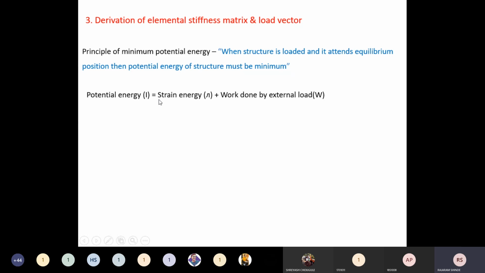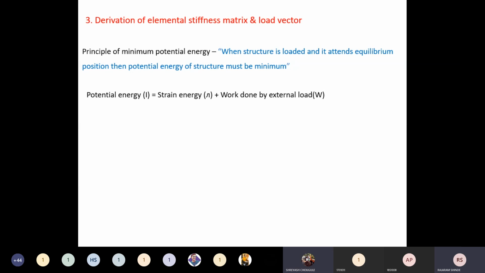That means if we take the strain energy as positive, then you have to take the work done by the external load as negative. These two things are the same and acting in opposite directions, therefore their effect is zero. In the statement of the principle of minimum potential energy, it is written as minimum. Do you agree with this? Have you got this? Potential energy is minimum when the structure is in equilibrium.